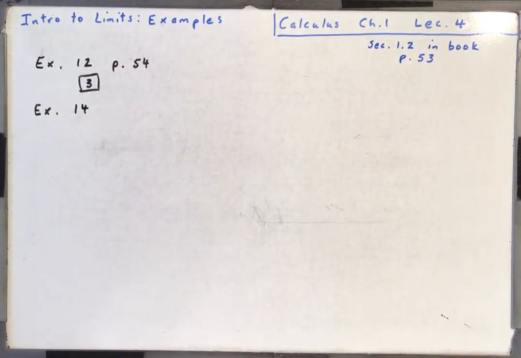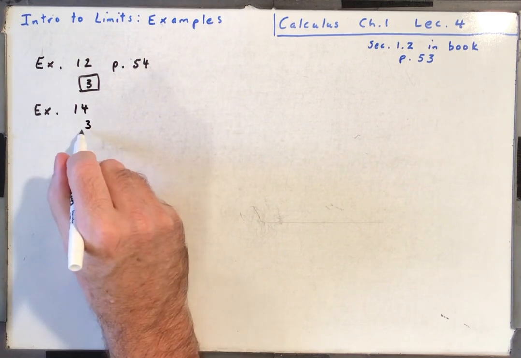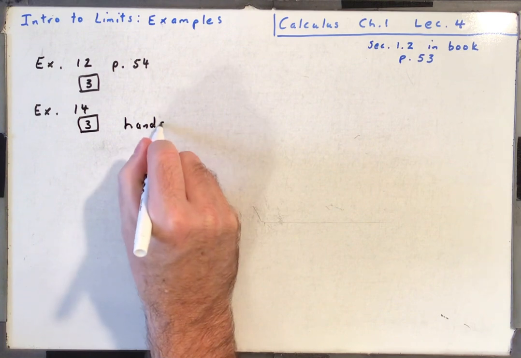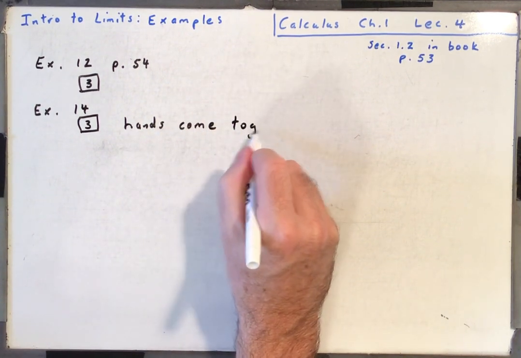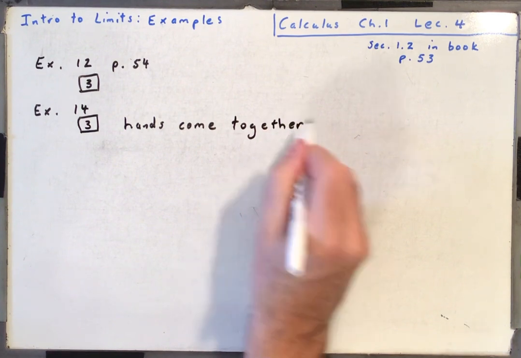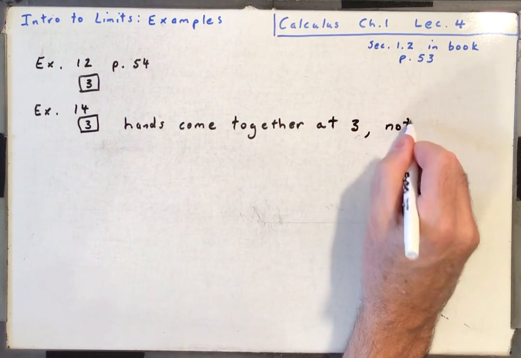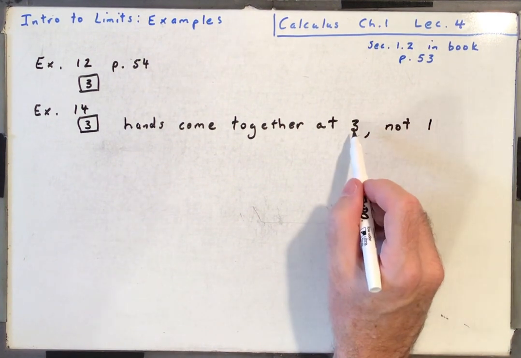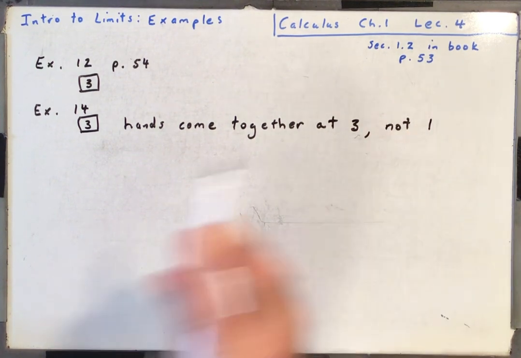So this is a case where the algebra solution is not the same as the limit. So hands come together at 3, not 1. All right? So the y value as your hands come together is at y equals 3, not y equals 1, the algebra solution.